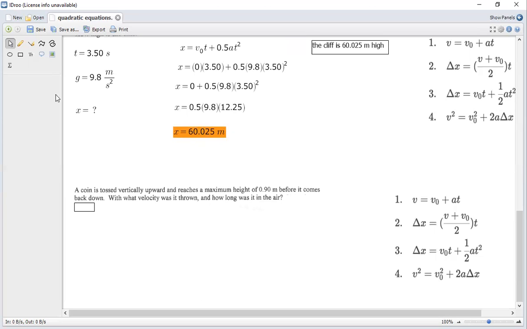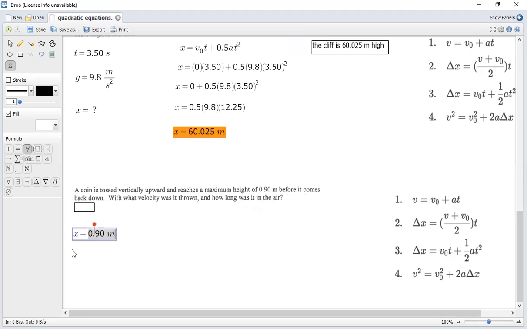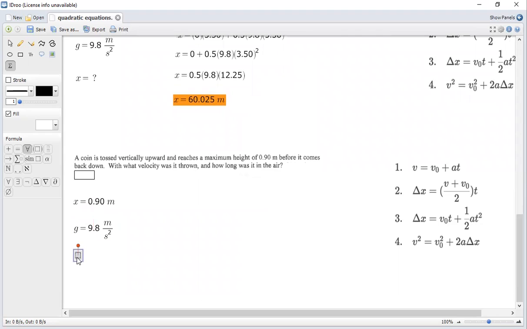Height, 0.90 meters. The gravity, which is 9.8 meters per second squared. And we need to look for, in the first question, velocity, right?